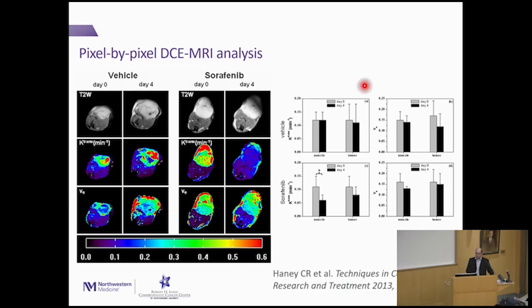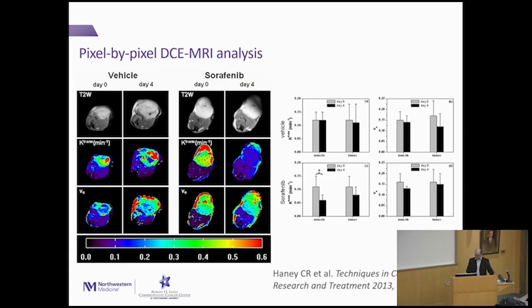We weren't seeing any significance between the vehicle and the treated for both. So K-trans is similar to perfusion, and this V-sub-E is similar to permeability. With your eye, you can see a big difference between day 4 vehicle and day 4 with the treatment. In this permeability measurement, they look the same.